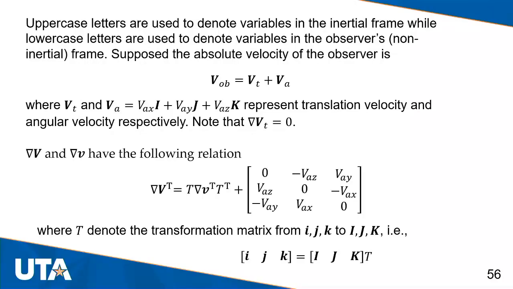So this is the total velocity of the observer, the absolute value. It's the velocity in the inertial frame, and the observer is doing translation and is doing rotating, right?